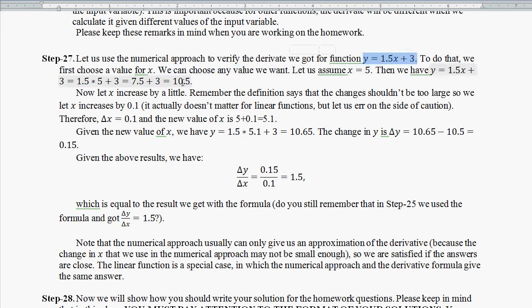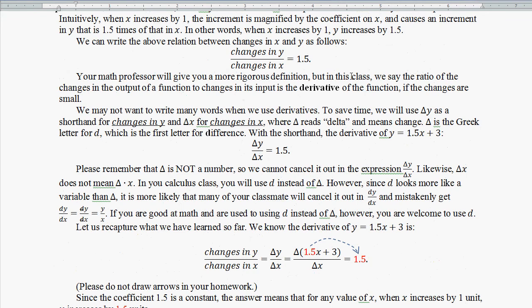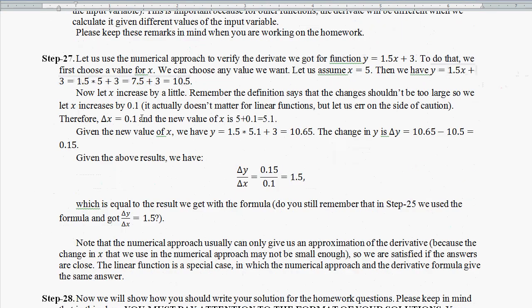Remember, the definition says that if we're talking about the derivative, the changes should be small. So we're going to assume that x increases by a little. How little is little? It's really difficult to say, but let's say 0.1. In your homework, you can try 0.2, 0.01, 0.02. These numbers are small enough for our examples. Anyway, let's assume the change in x is 0.1.